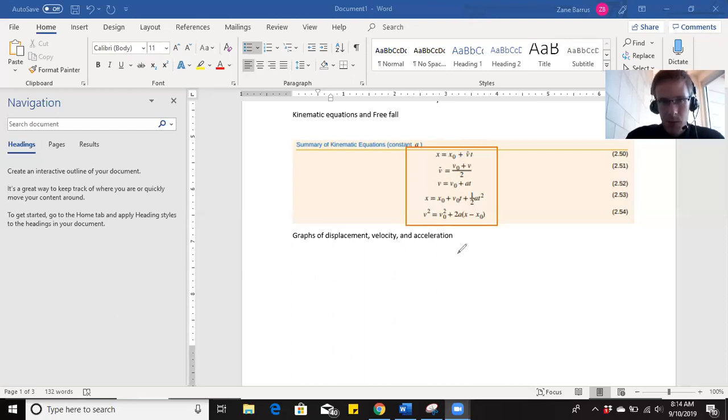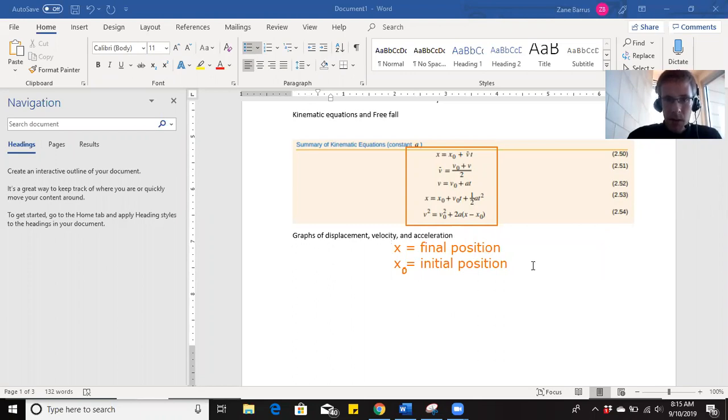So let's define those things real quick. x is equal to final position. X naught is going to be equal to my initial position.